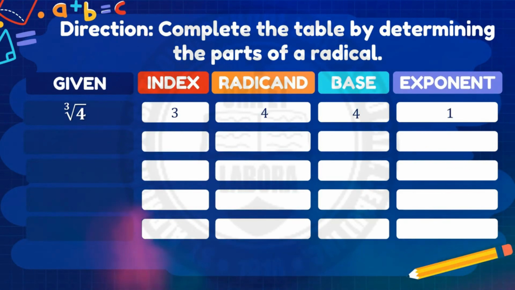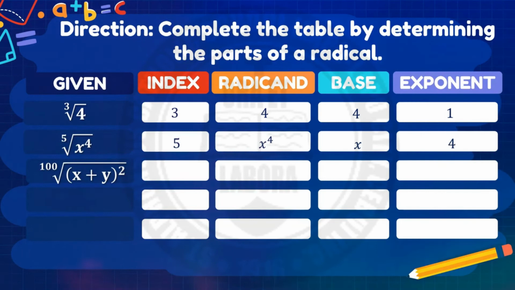exponent of 1. Number 2, the fifth root of x raised to 4. The index is 5, the radicand is x raised to 4, the base is x with an exponent of 4.